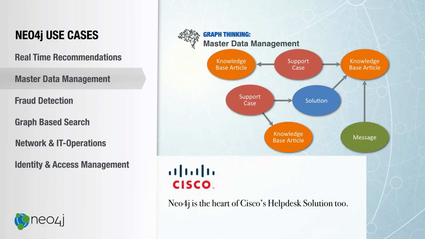They have a help desk solution, and they wanted to reduce the amount of support cases that needed to be handled by humans, or at least the level 2, level 3 support. And what they did is implement a recommendation system for content based off of Neo4j and that customer and what that customer problem is and what that customer has purchased from Cisco, etc.